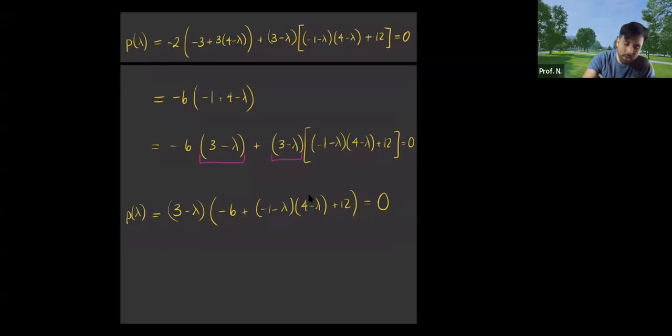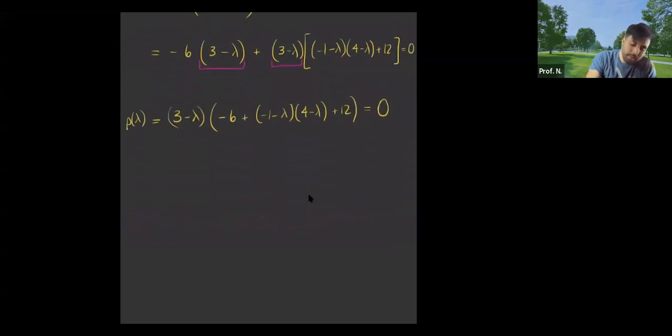Now I have another few terms here that I can combine and simplify. So this becomes -6. This is -4 plus lambda minus 4 lambda plus lambda squared plus 12 equals 0.